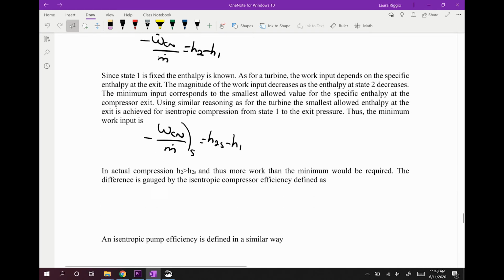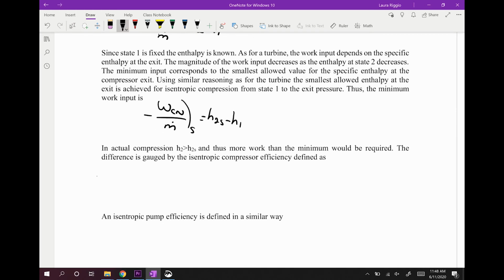The difference is gauged by our isentropic efficiency, which is our isentropic work over our actual work, which is H2S minus H1 over H2 minus H1. It's very similar to the turbine one, except it is inverted, and isentropic pump efficiency is defined basically the same way.